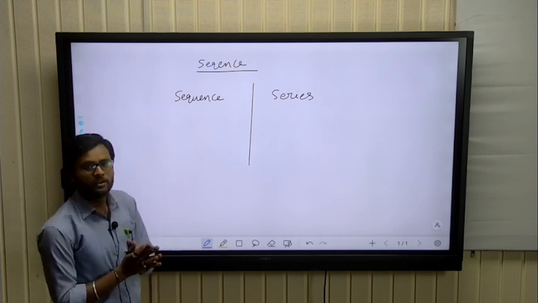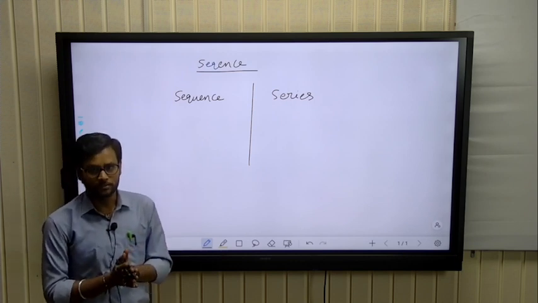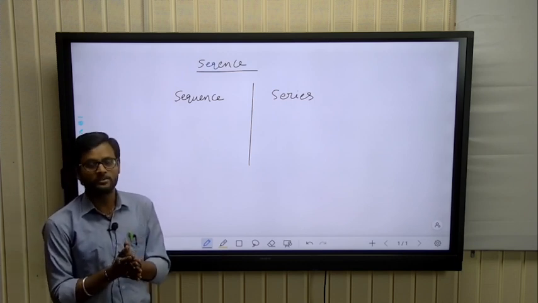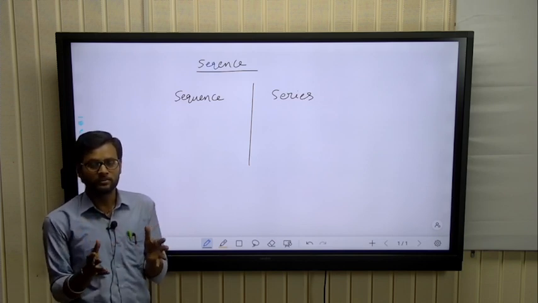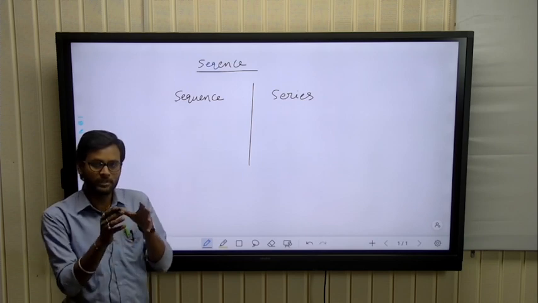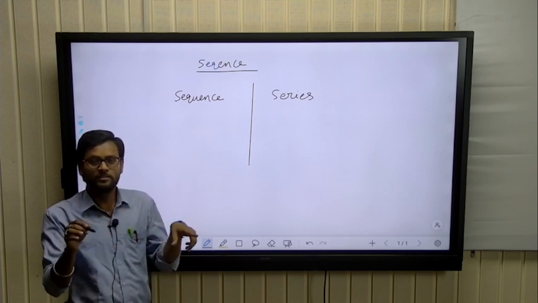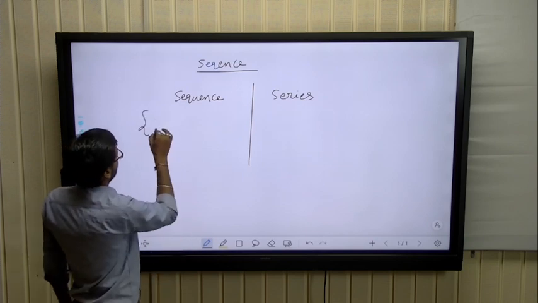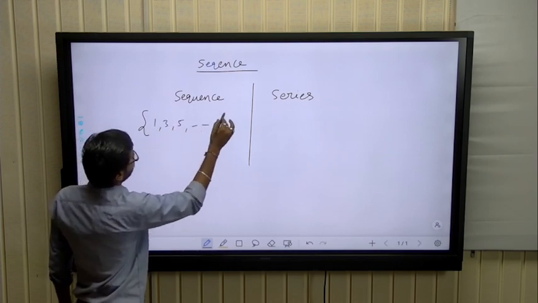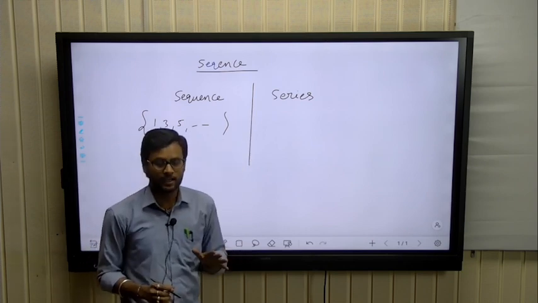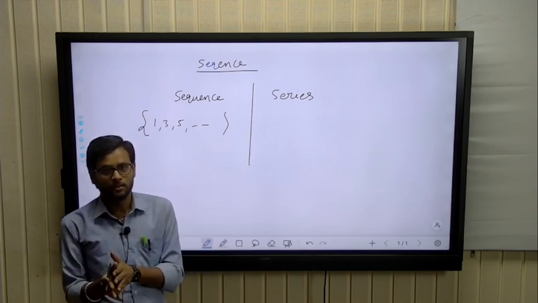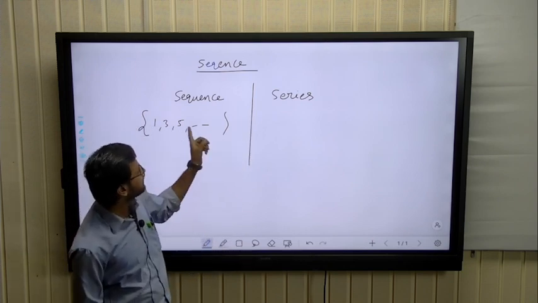A sequence is the arrangement of numbers, where we arrange the nth term of a sequence, like 1, 3, 5 and so on. This goes on to infinity, but a series means that we add the nth terms. So this is the difference between series and sequences.